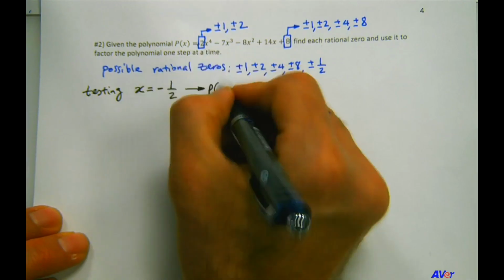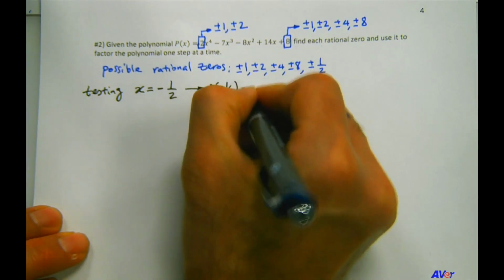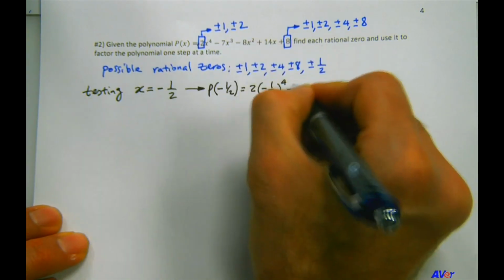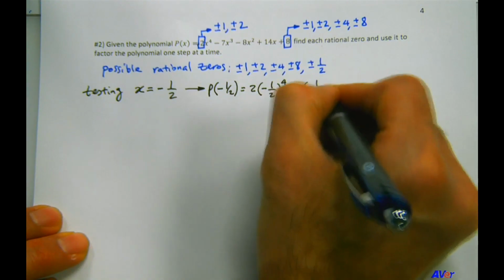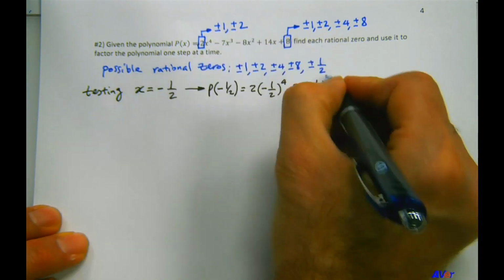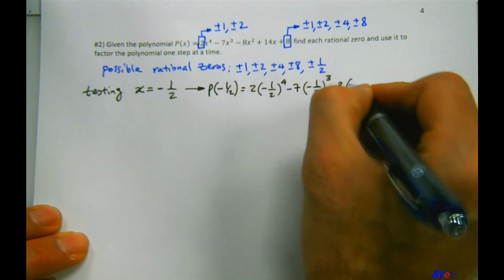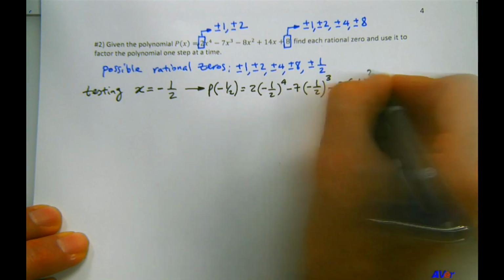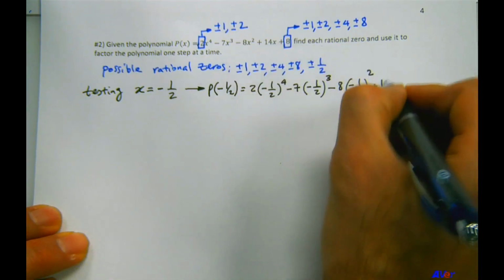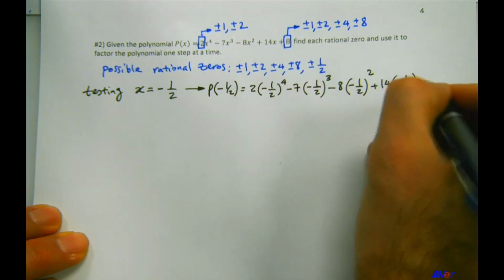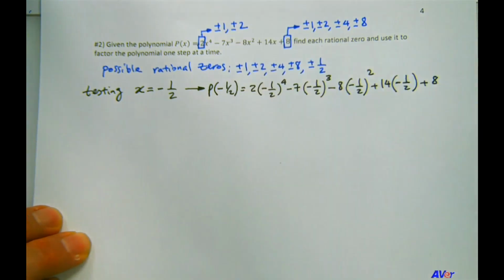The polynomial at minus 1/2 is equal to 2 times minus 1/2 to the 4th power, minus 7 times minus 1/2 cubed, minus 8 times minus 1/2 squared, plus 14 times minus 1/2, plus 8. Okay?